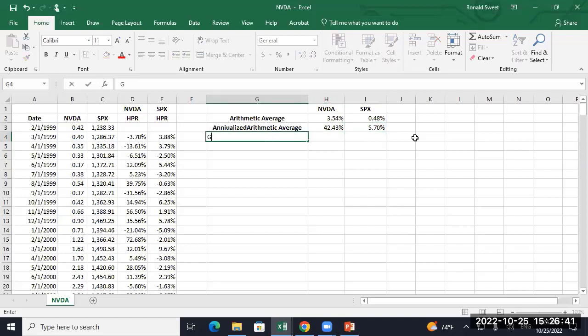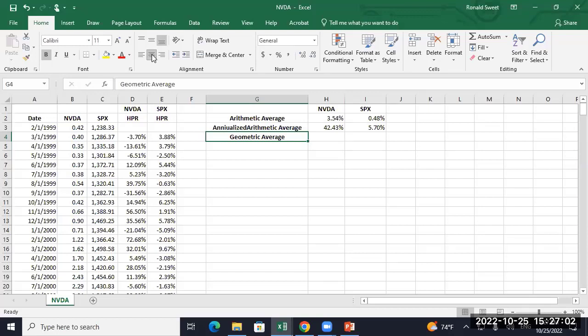All right, let's do the geometric. So here's the thing where I can't get the geometric without doing it by hand unless someone figures this out. However, I'll give you a little trick.